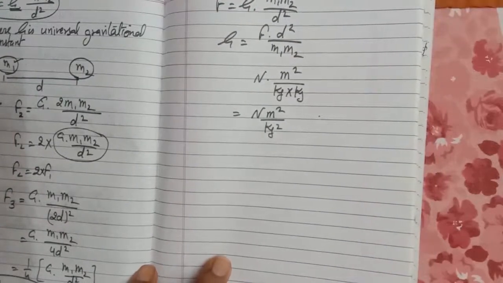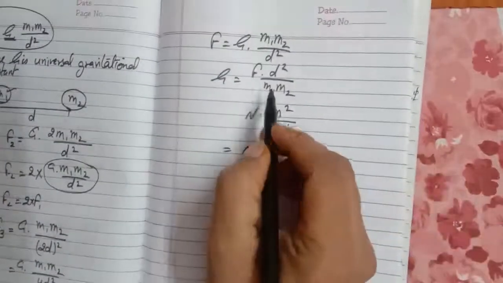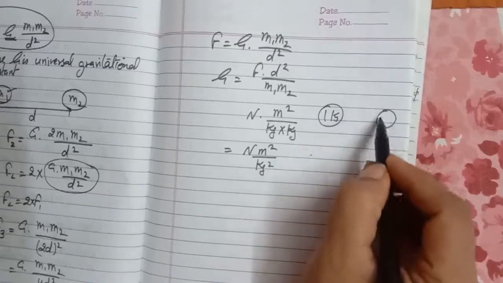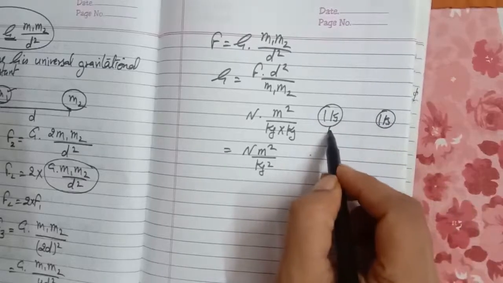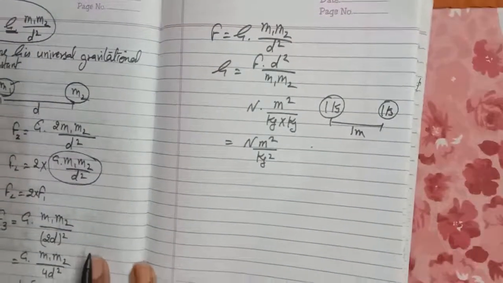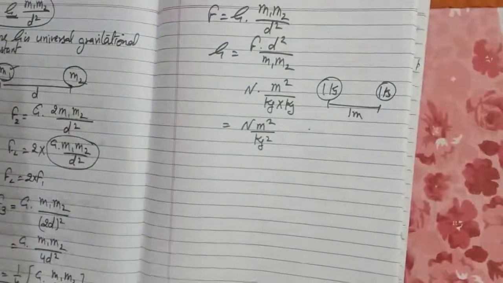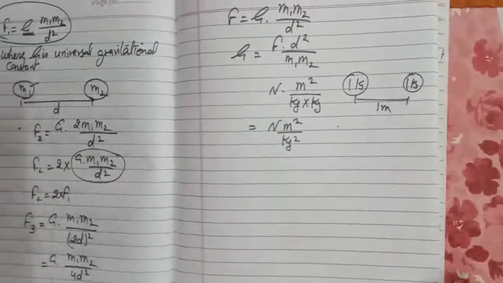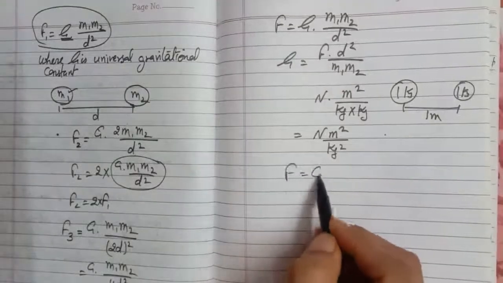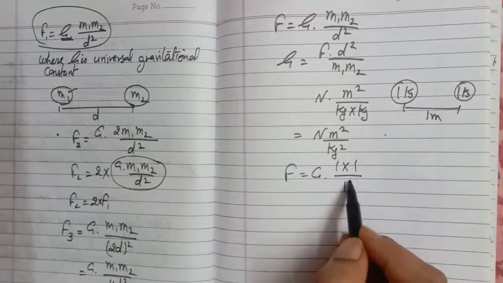And how can you define it? We can define it like this. If we take two objects having the mass of 1 kg, and we place the objects at a distance of 1 meter from each other, we can put these values in the formula. We get F is equal to G, m1 is 1 kg, m2 is again 1 kg, upon 1 square.